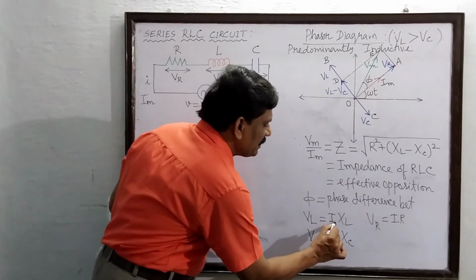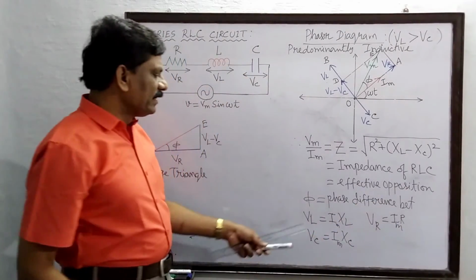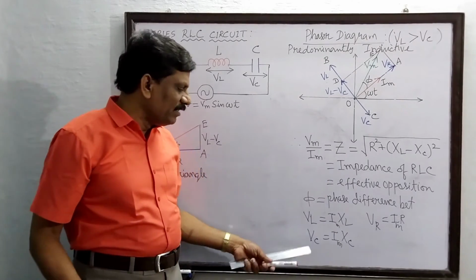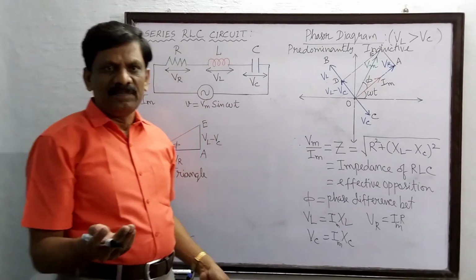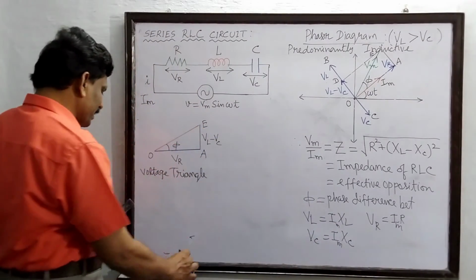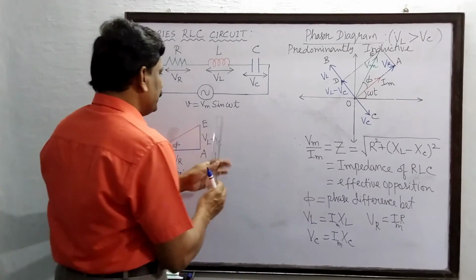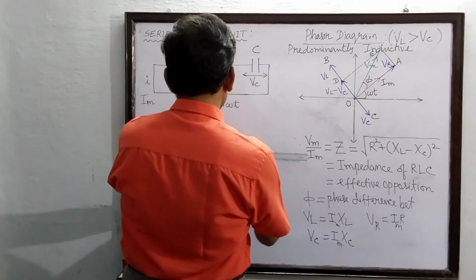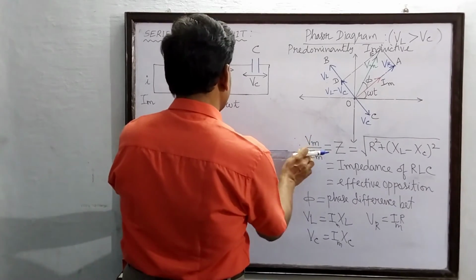If Im is the maximum current, then I can say that VL is proportional to XL, VC is proportional to XC, and VR is proportional to R. So I am going to redraw this triangle in terms of resistance or impedance.